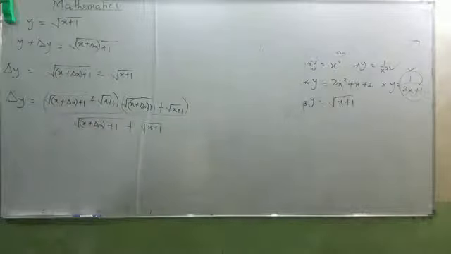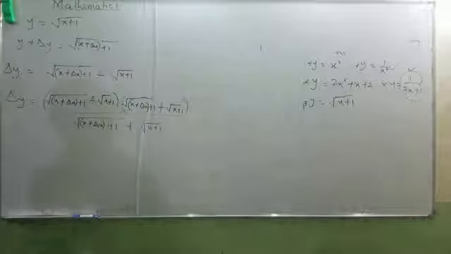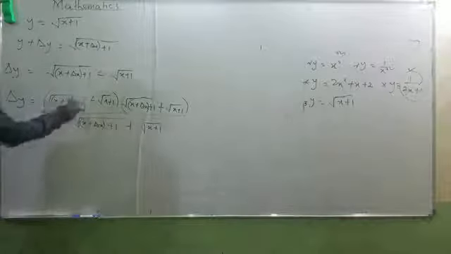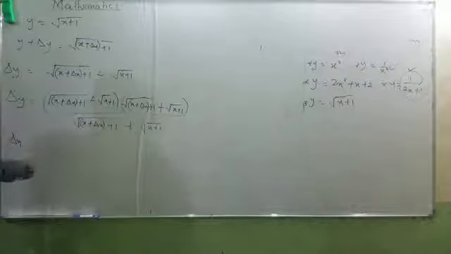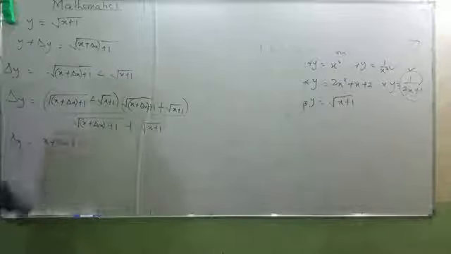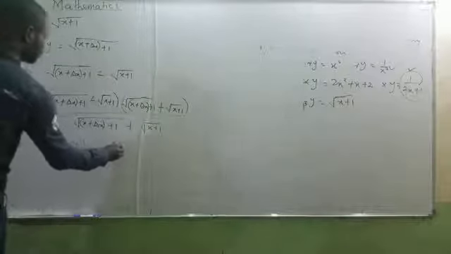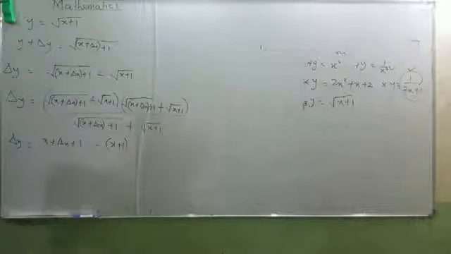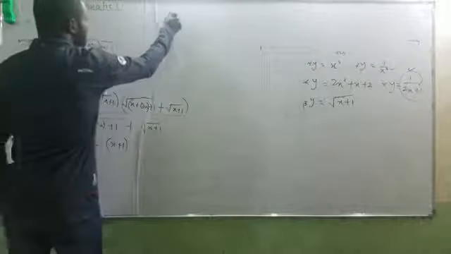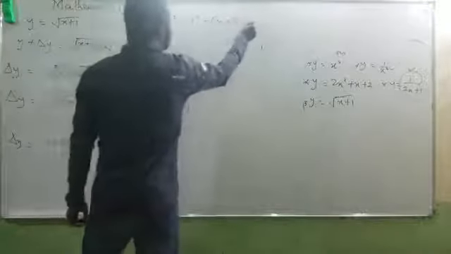Please take note of this. This is how to go. By so doing, you will have delta y equals the difference of two squares: x plus delta x plus 1 minus x plus 1. I'm using the difference of two squares, because x squared minus y squared equals x plus y times x minus y.